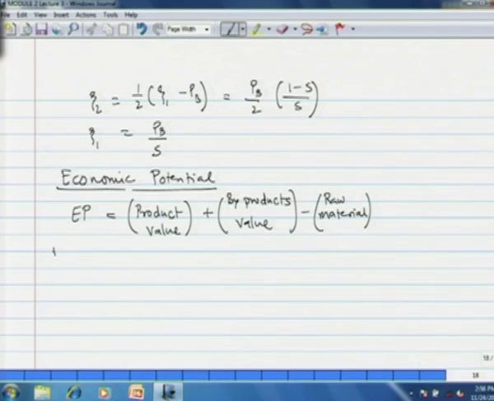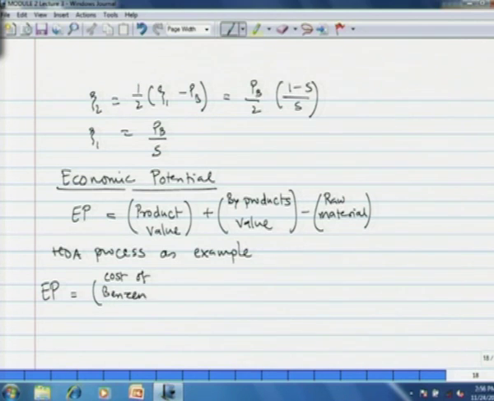Now, again for the HDA process as example, we can apply this general definition as economic potential is equal to product of the process, the benzene. So, cost of benzene. Now, the side product of the process is diphenyl, which we utilize as a fuel in the process.